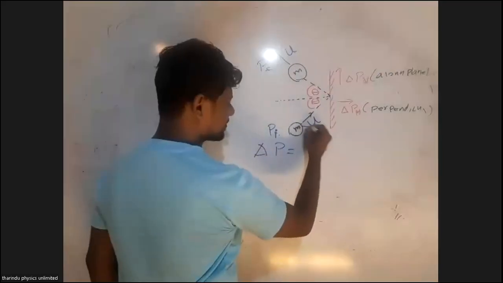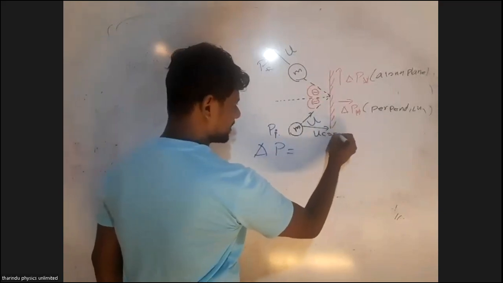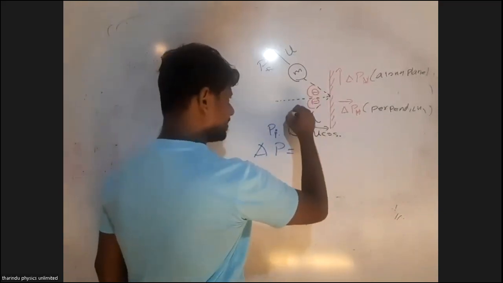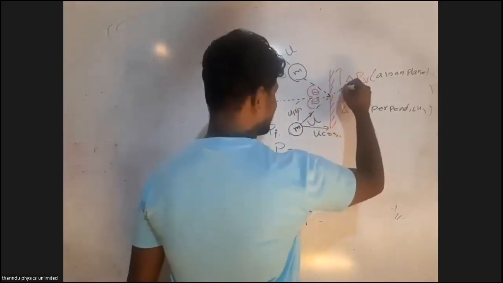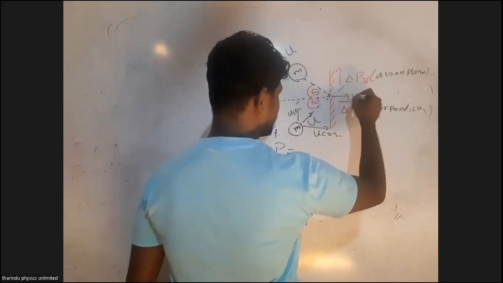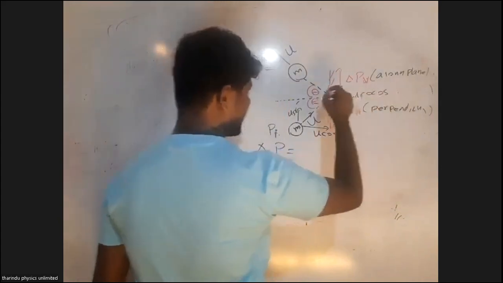So I can resolve this in this way. This is u cos theta, and along here u sin theta. When you extend it, it gets u cos theta to the collision point.